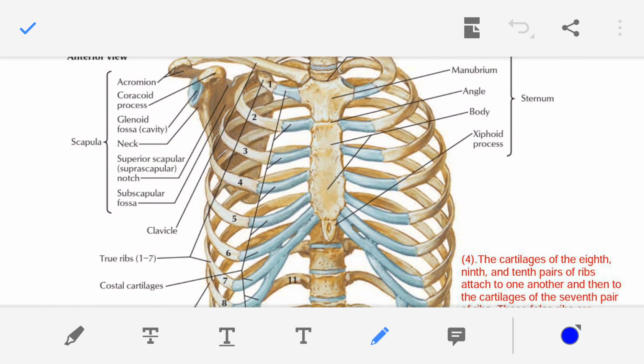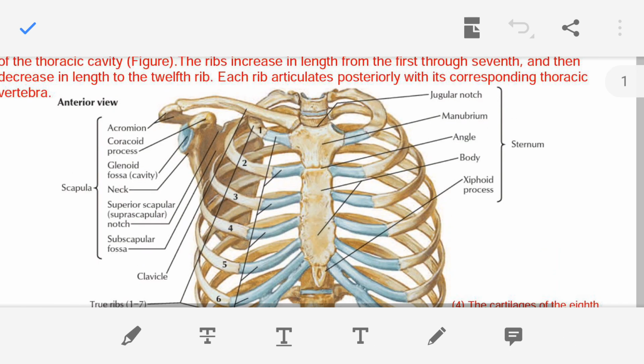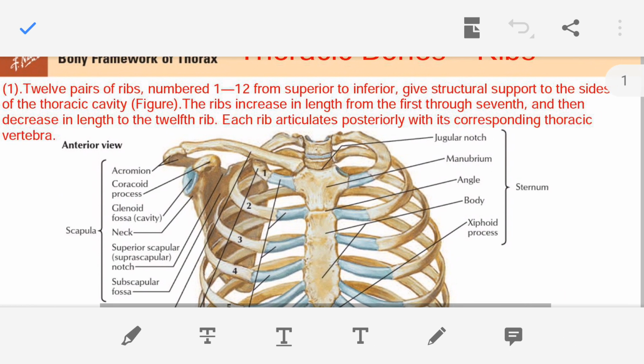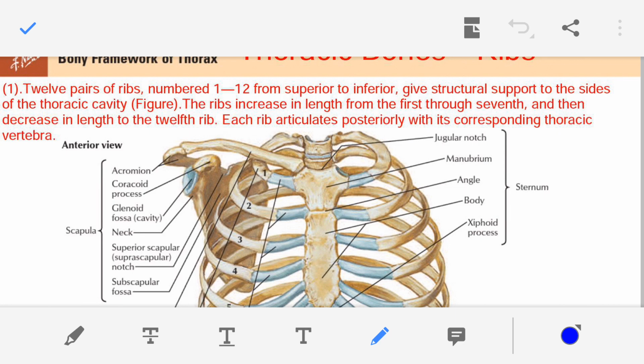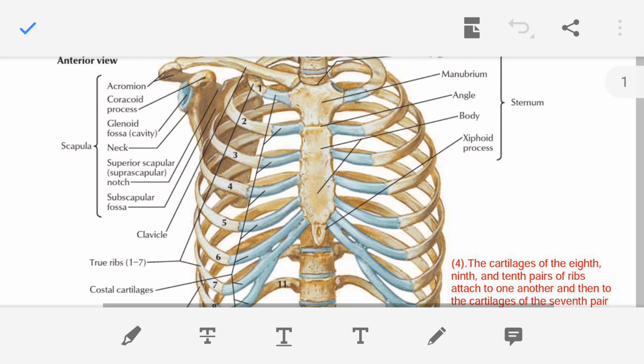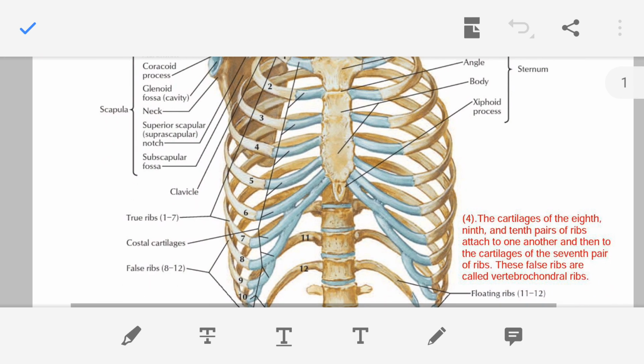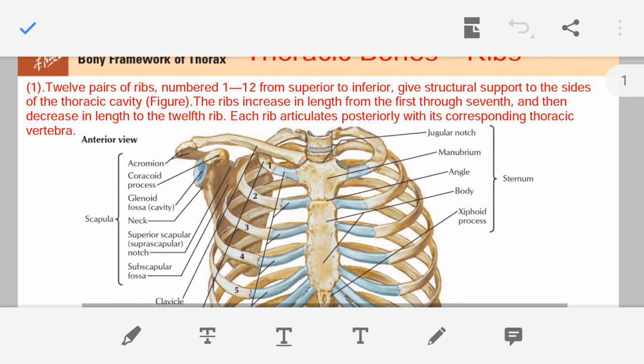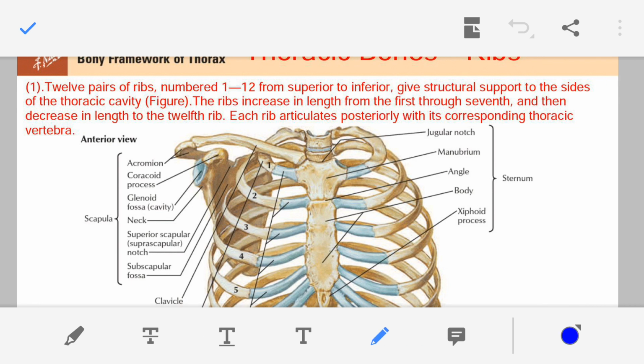As you can see over here, the numbers are written, number 1, number 2. This one and this one is pair number 1, this one and this one is pair number 2, 3, 4. So we have a total of 12 pairs of ribs from superior to inferior. From upside down in the rib cage, we have a total of 12 pairs of ribs.